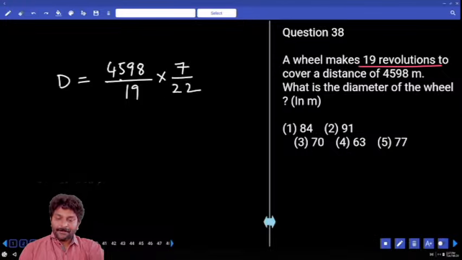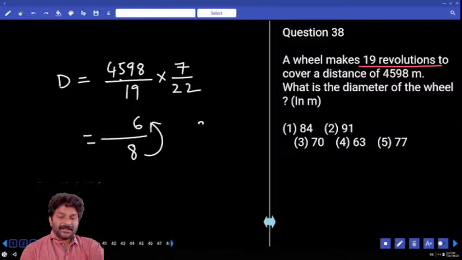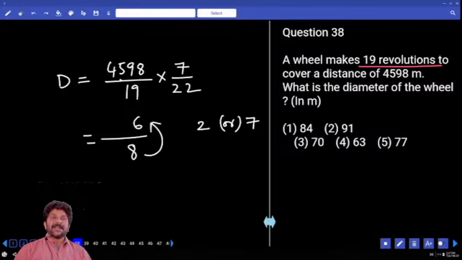Numerator ends with? Denominator ends with? 8 into which number ends with 6? Either 2 or 7. That means the answer must end with either 2 or 7 only. Go to options. Only one. Final. Done.